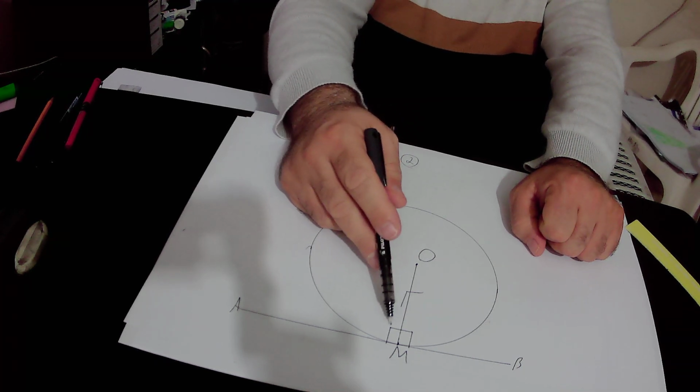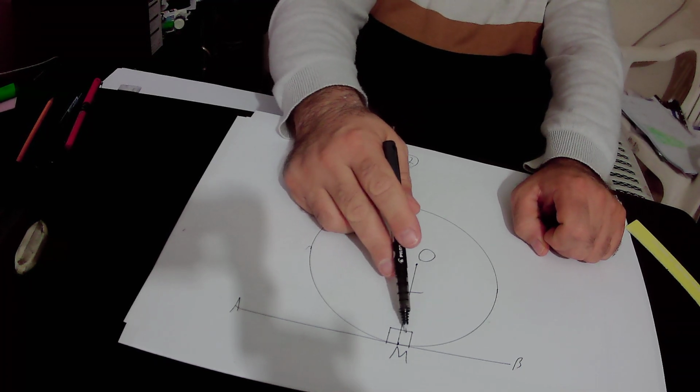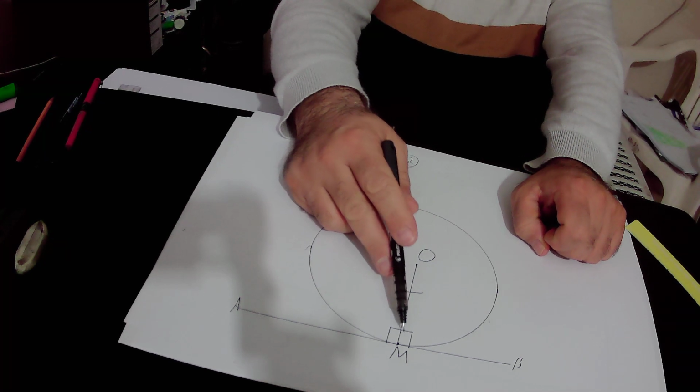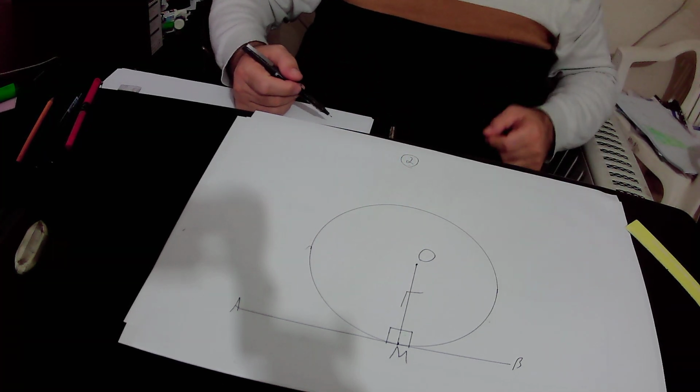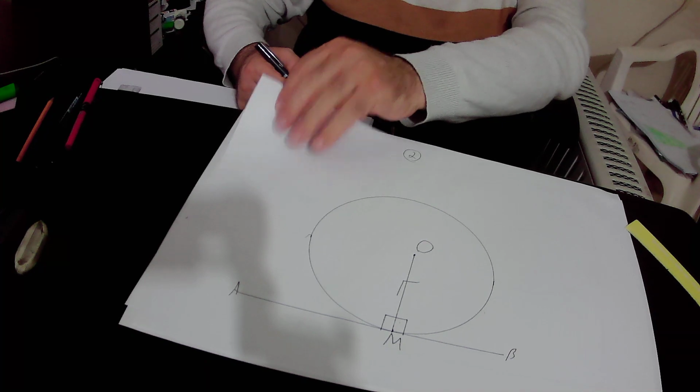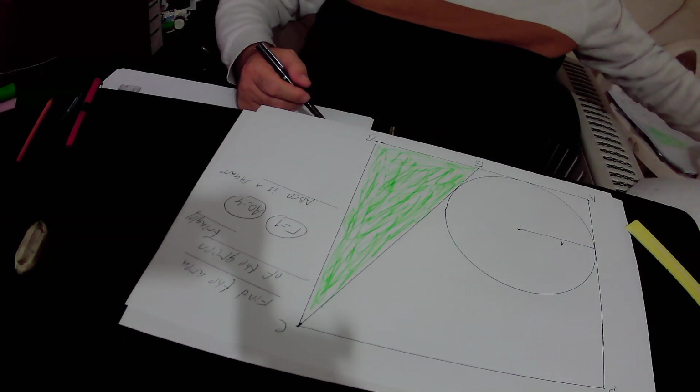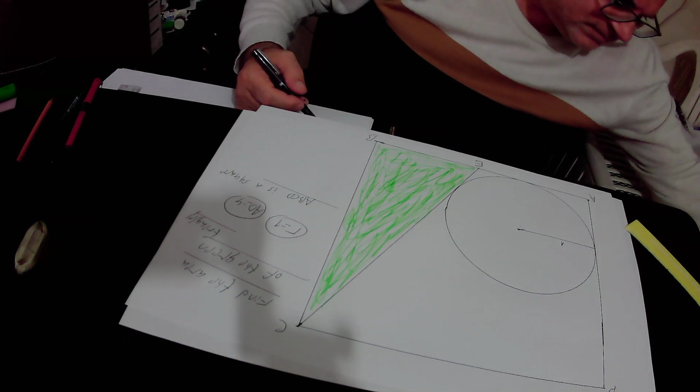That is to say, this angle will be equal to 90 degrees and this angle will also be equal to 90 degrees. Okay, so actually we can implement rule number 1 in our drawing.